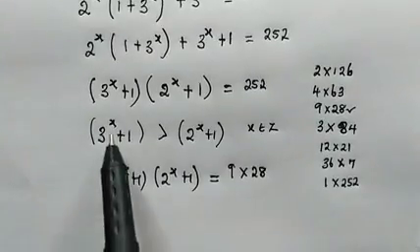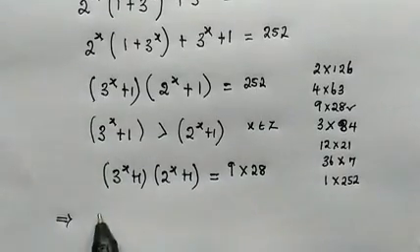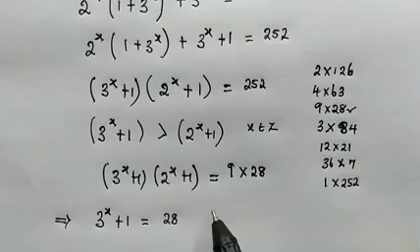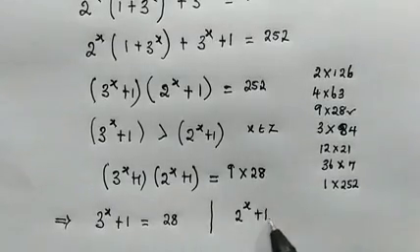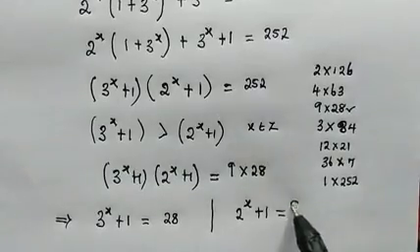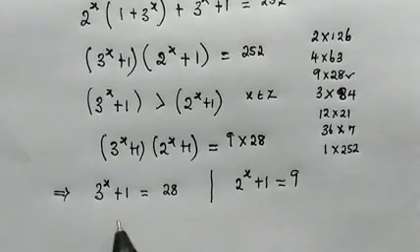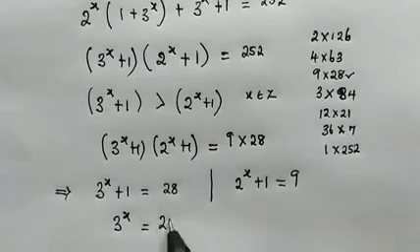Since we know that this is greater than this, this implies from here that we're going to let 3 to the power of x plus 1 equal the bigger number, 28, and we're going to let 2 to the power of x plus 1 equal the smaller number, which is 9. Subtracting 1 from both sides, in each case, we get 3 to the power of x is equal to 28 minus 1, which is 27.